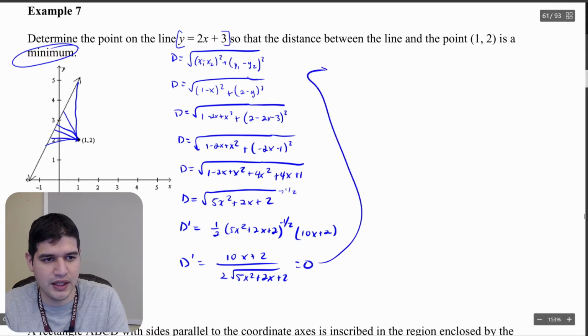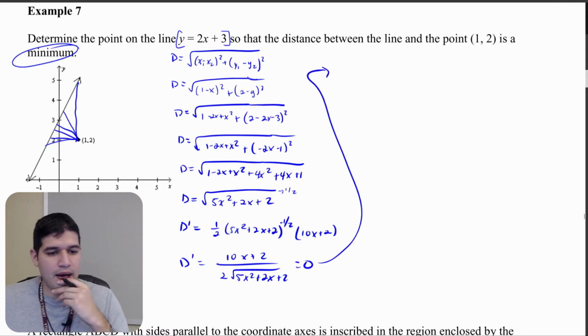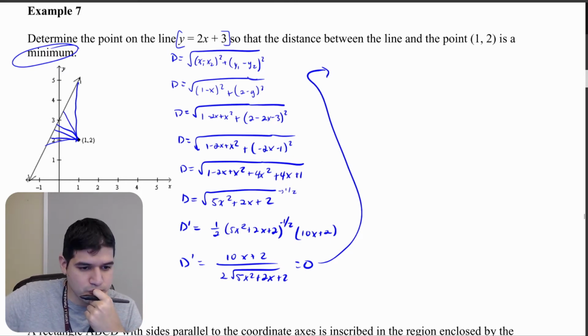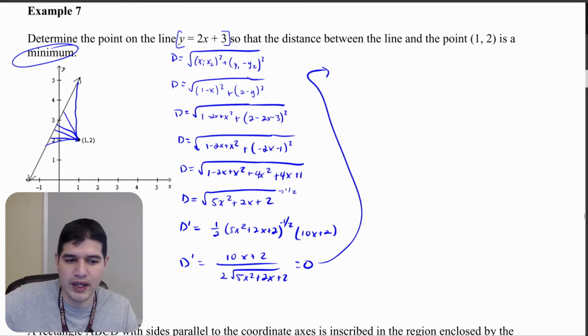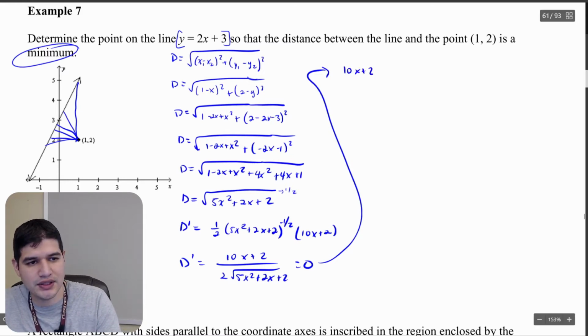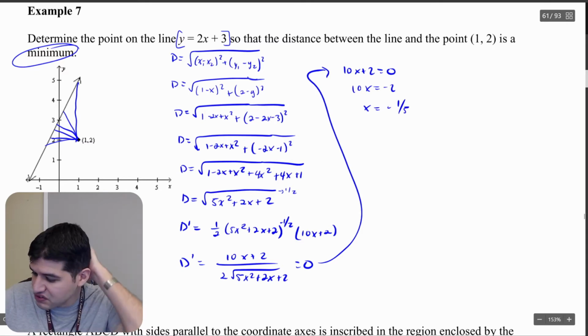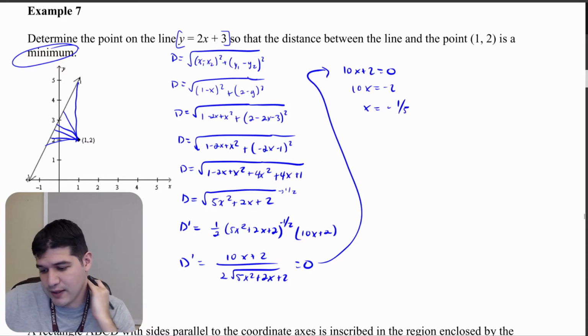Multiplying out the denominator, we get 10x plus 2 equals 0. Subtract 2, so 10x equals negative 2, and x equals negative 1/5. That's what we get for x.